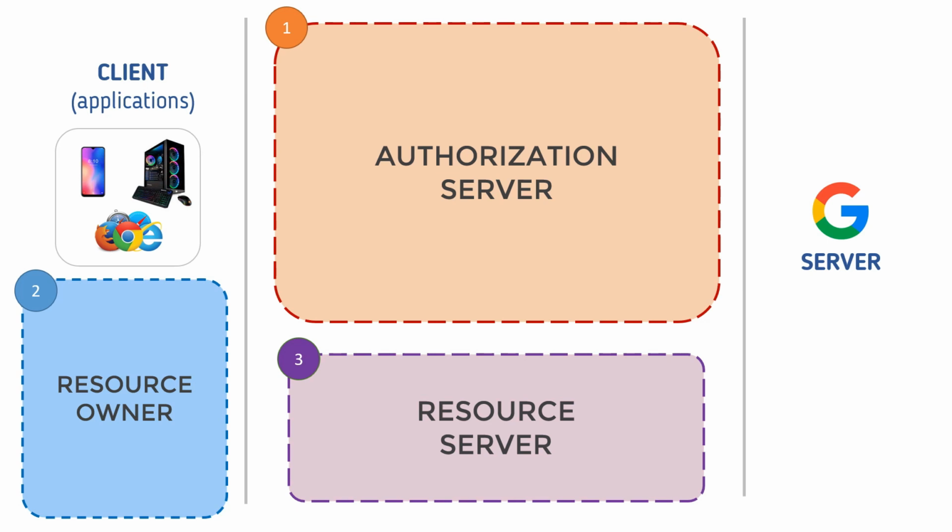But the other two, authorization server and the resource server, are a little unclear, because most of the time we will not know the differentiation between these two, because to us we are calling the APIs for authorization, and then we are calling another set of APIs for accessing the resource. That's what happens most of the time. You will not find the difference, but there is a difference between authorization server and resource server.